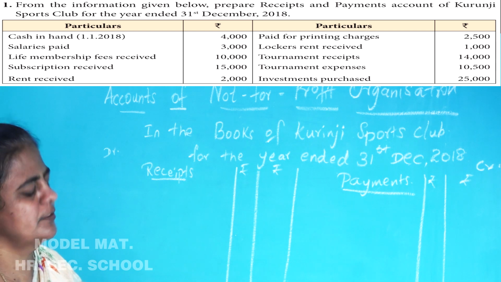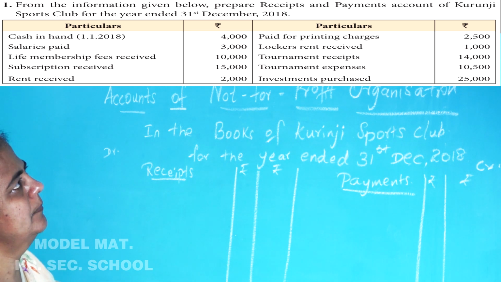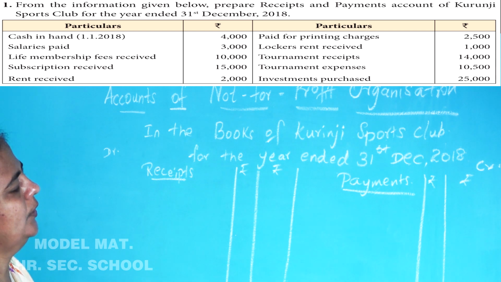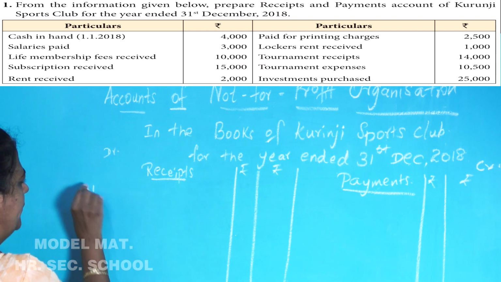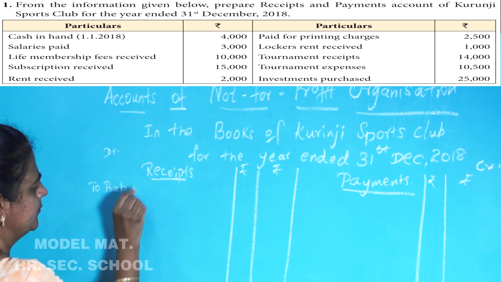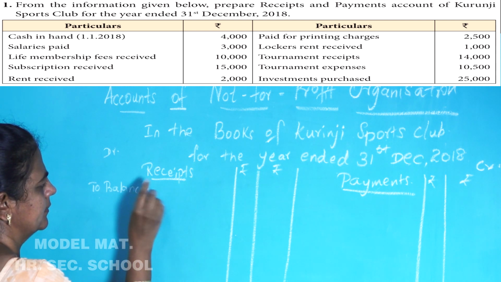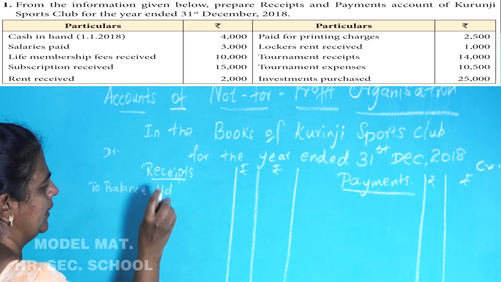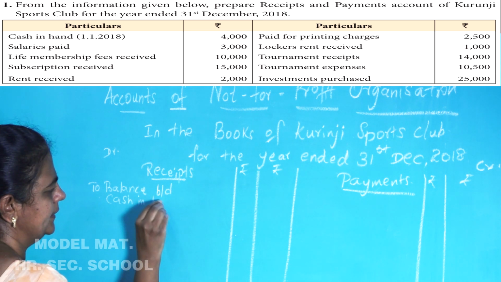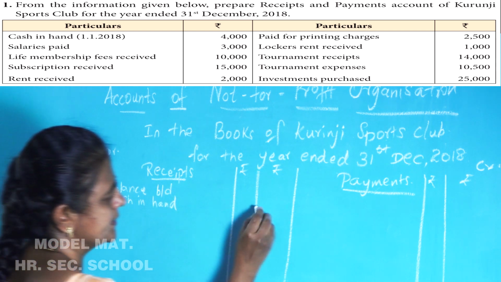What is the first item? Cash in hand on 1/1/2018, 4,000. The opening balance must come here: to balance brought down, cash in hand, 4,000 in the second column.